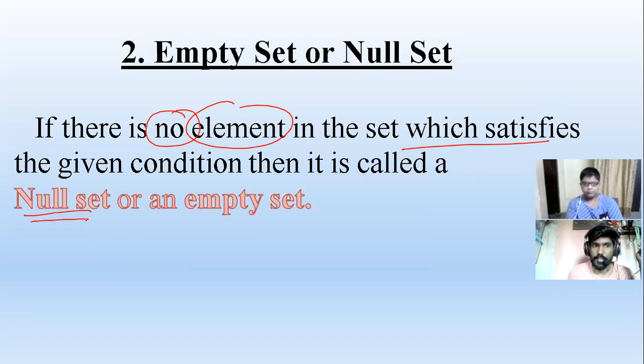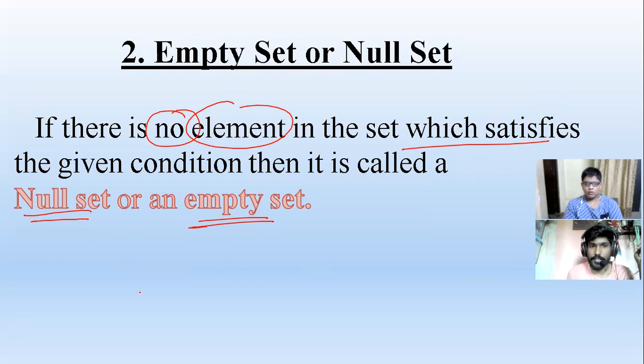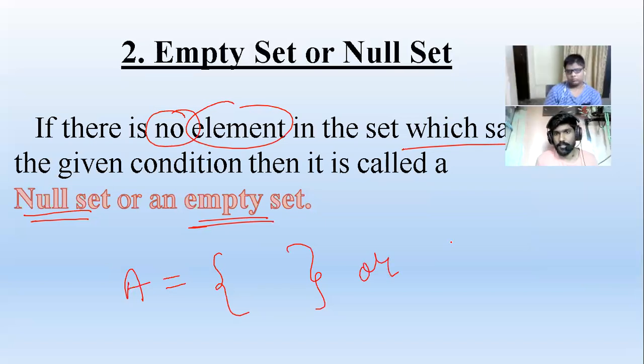Suppose A is an empty set, then that is written like this, curly brackets and nothing inside. The second way of showing it is that A is empty. So this sign is for empty.